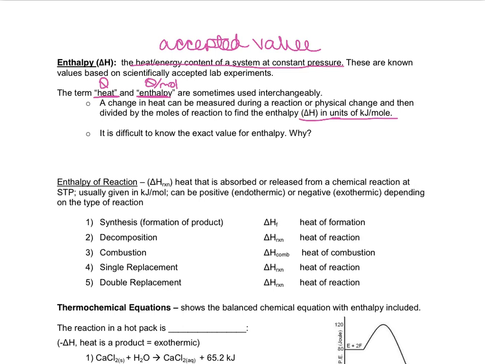But a lot of times it's difficult for us to know the exact value for enthalpy, mostly because scientists are experimenting. The only way to know enthalpy or the amount of energy is to experiment, and experimentations are always going to have some flaws.